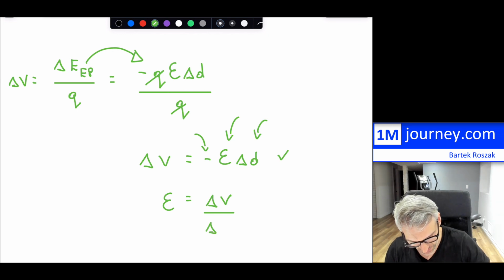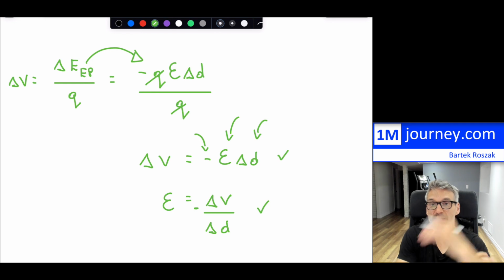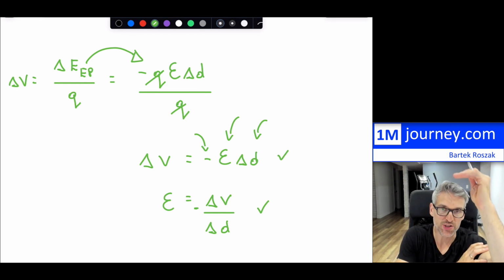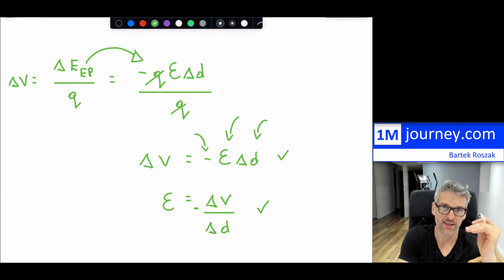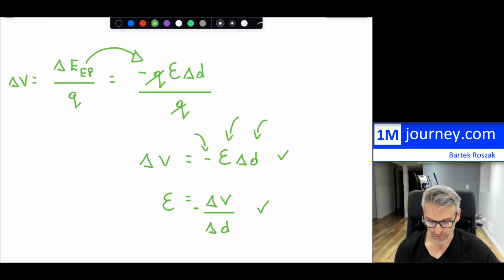This would be divided by delta D, with the negative symbol as you're going through. Remember that the electric field just tells you which way it is pointing, from high potential to low potential energy. That is pretty interesting for us to have.